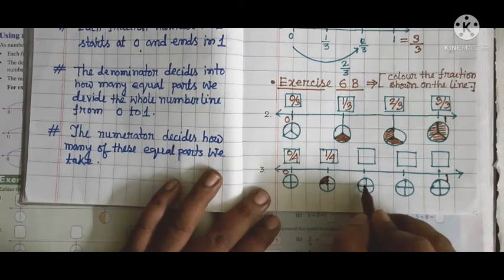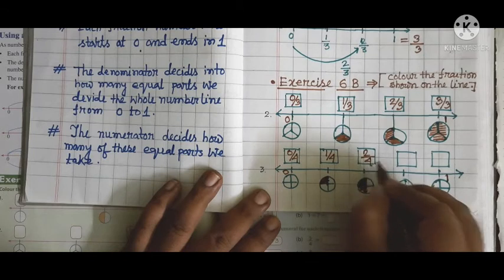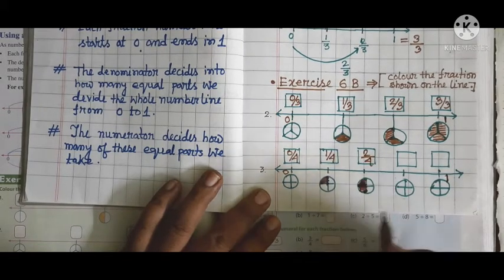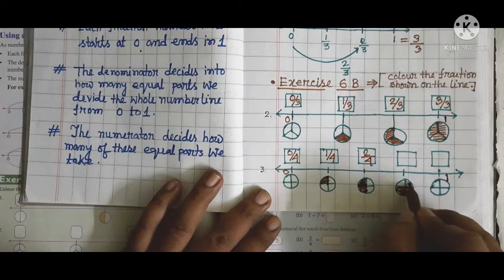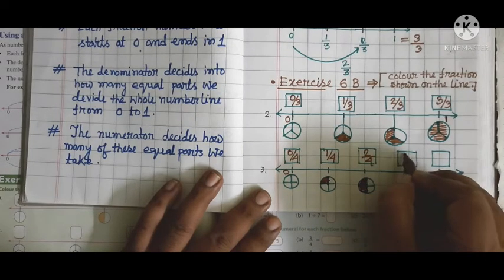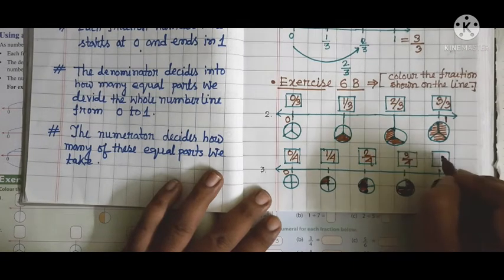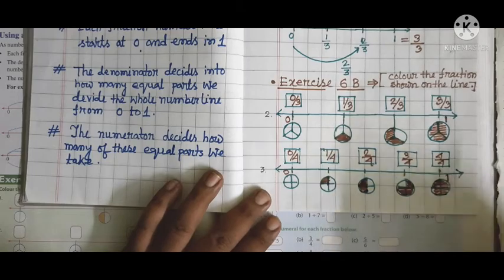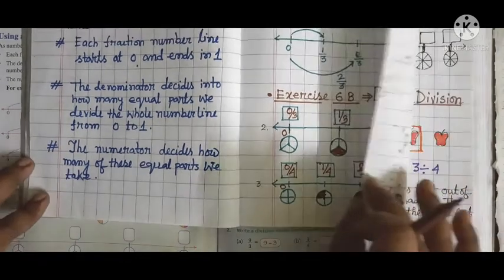Next, 2 parts shaded, it will be 2 by 4. Next we shade 3 parts, so it will be 3 by 4. Next we shade all the parts, so it will be 4 by 4, that is 1. I think you understand.